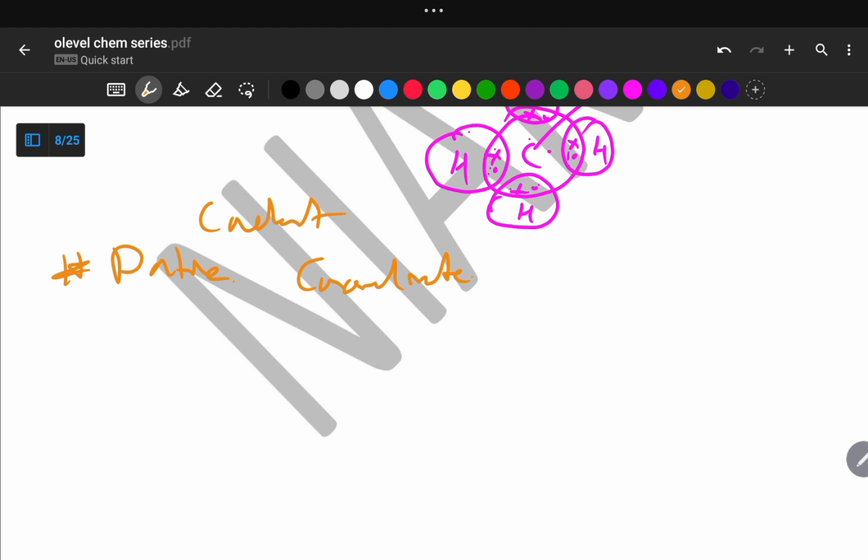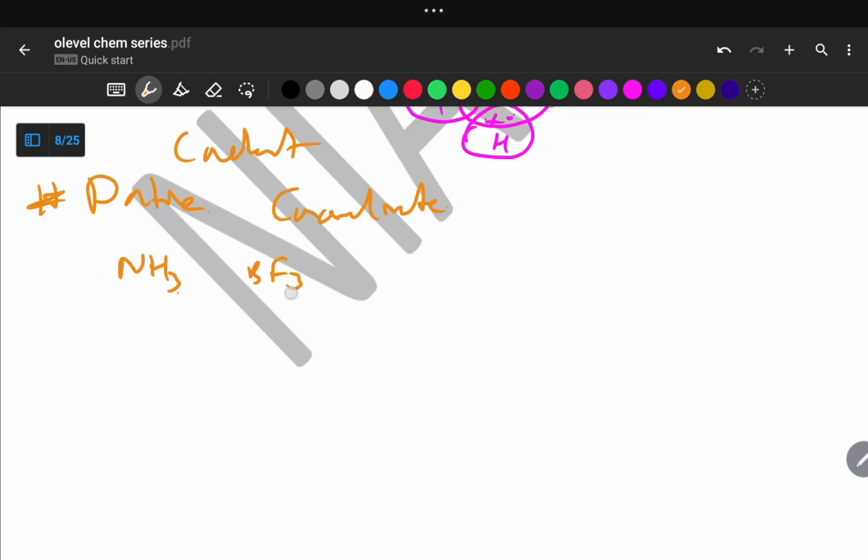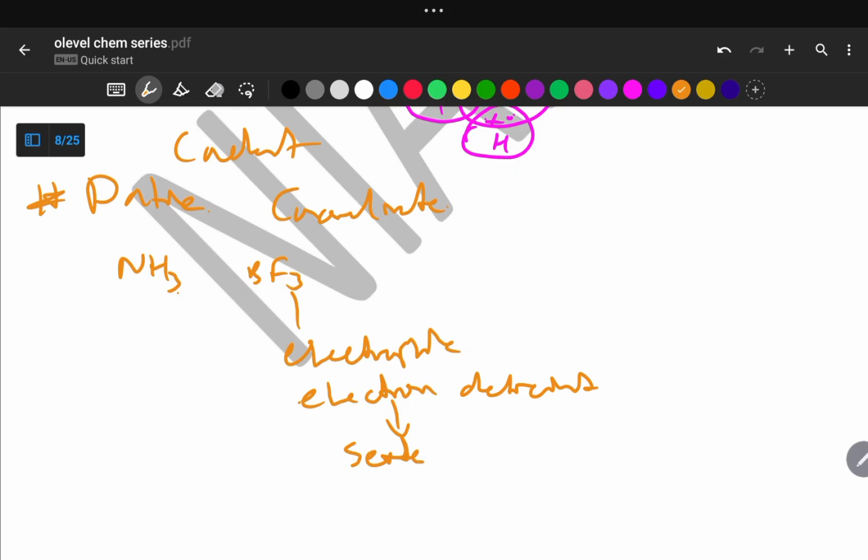Let us say we are going to have ammonia and boron trifluoride or aluminium chloride. Boron trifluoride is an electrophile, which is electron deficient, meaning it doesn't have a full octet, a full configuration. It has got 6 electrons in the outermost shell.